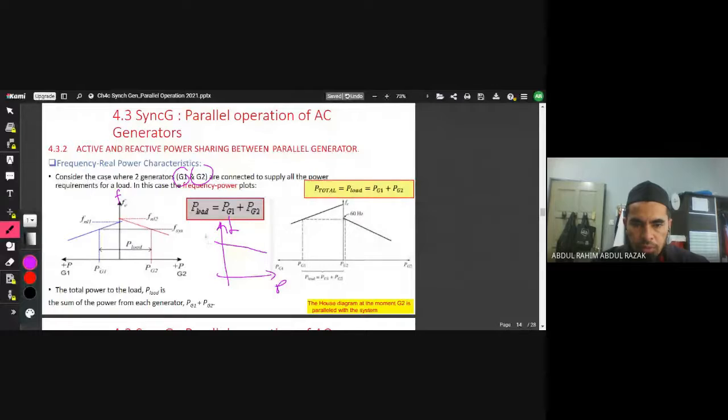This is our frequency at no load and frequency at full load, for generator 1. Then for generator 2, if we put it in parallel, we can use another axis to plot the P2 house diagram. So you have here the P1 house diagram plus the P2 house diagram.